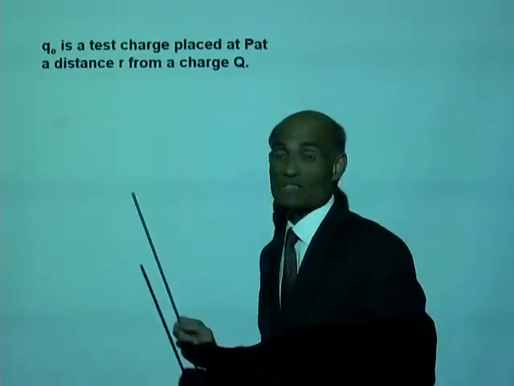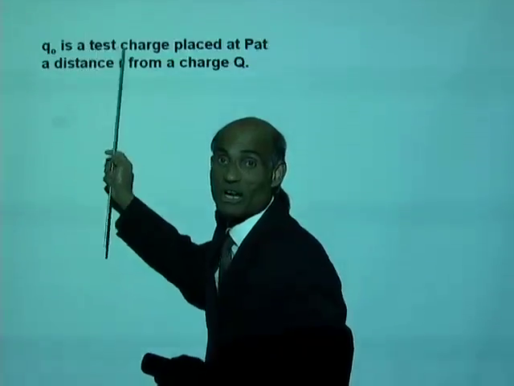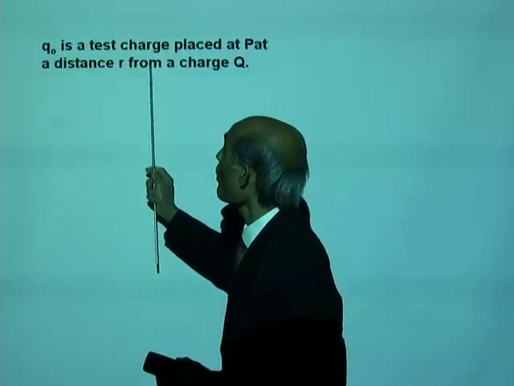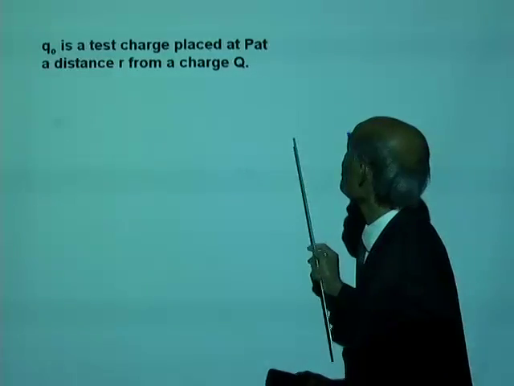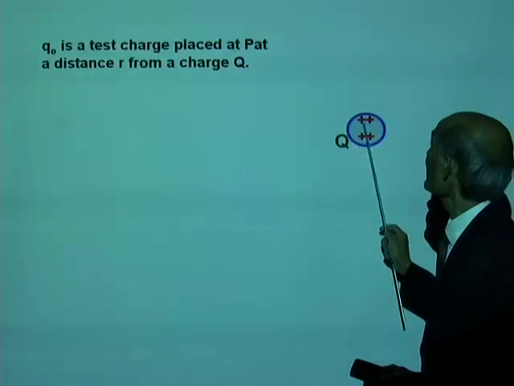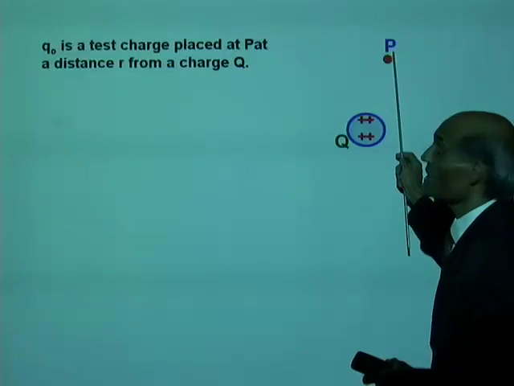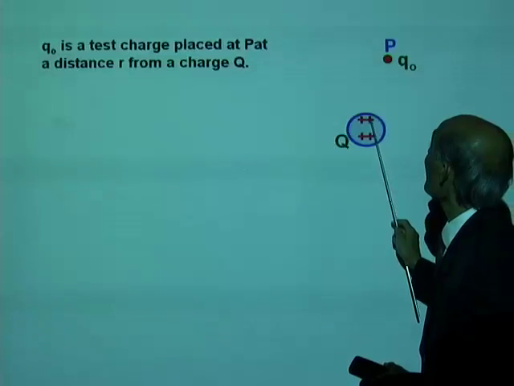Now, let's consider a charge Q0, which is a test charge, placed at a point P, distance r from a charge Q. Now, this is the charge Q. Alright, our point P is here, and point P is at a distance r.